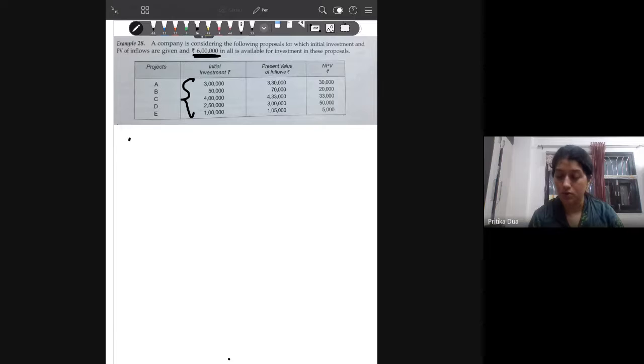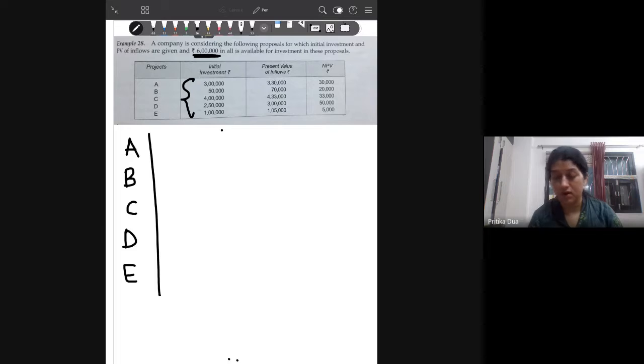So what do we do for projects A, B, C, D, and E? We will calculate the profitability index, and then we will rank the projects. So please start solving. Everything is given in the question.